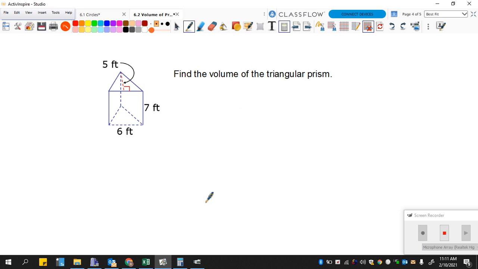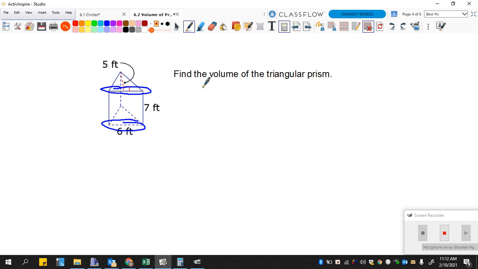Find the volume of the triangular prism. The base is a triangle. Remember that the height is not the length of the side. The height is the distance from the base up to the opposite vertex, and in this case, the height is 5. The base is down here, and this space is the same as this space here. Let me write down the formula first.